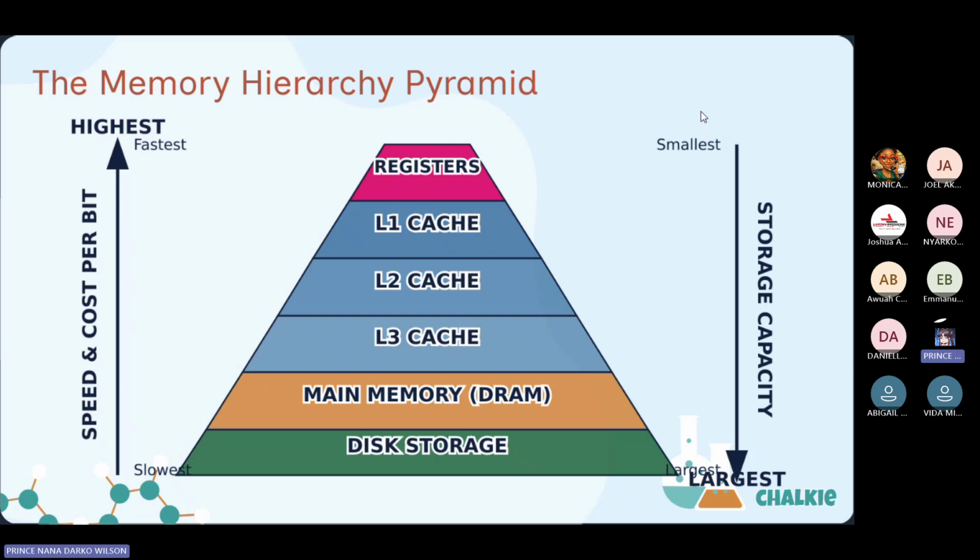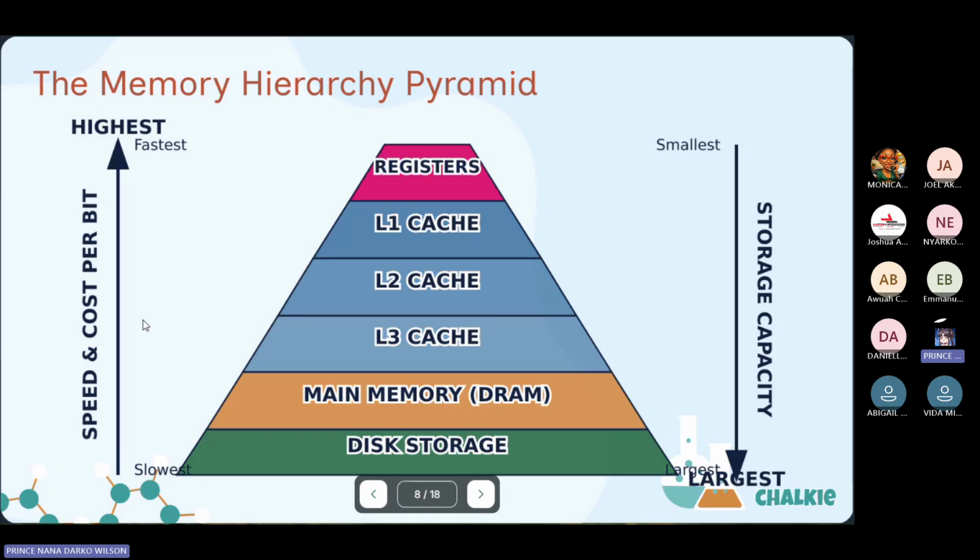the type of memory that the central processing unit uses has been arranged in a hierarchy. The hierarchy describes their speed and their size. In terms of speed, moving towards the top of the pyramid, the memory types get faster, and moving towards the bottom, they get slower.